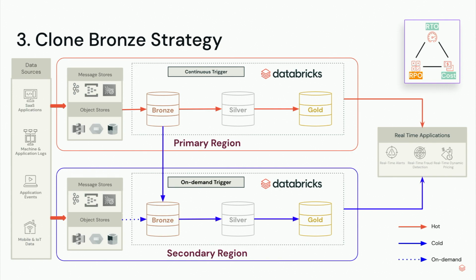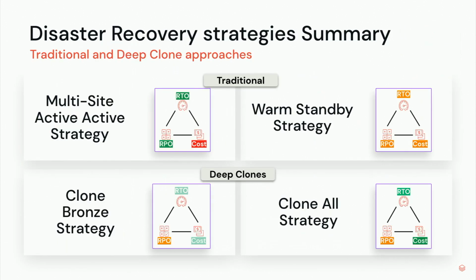From bronze, we recompute silver and gold. I'll go into the details later, but this reduces the cost because we are not ingesting data from the source system, and the data is already in the bronze layer. So that is the clone bronze strategy, and the next one is clone all.